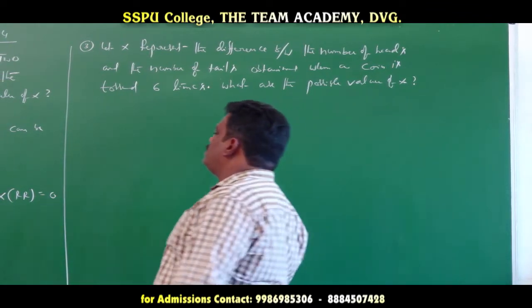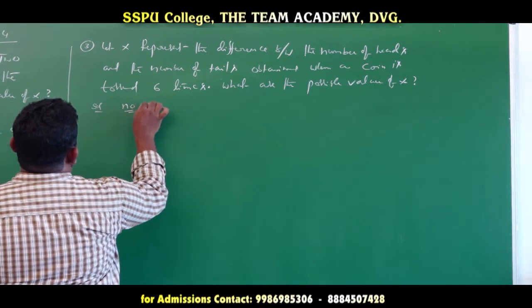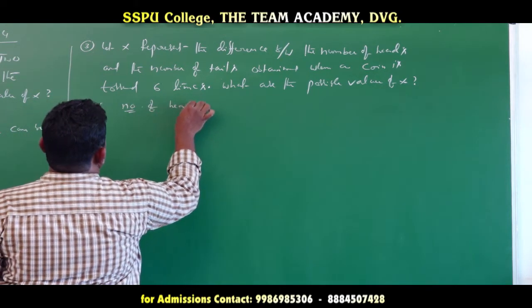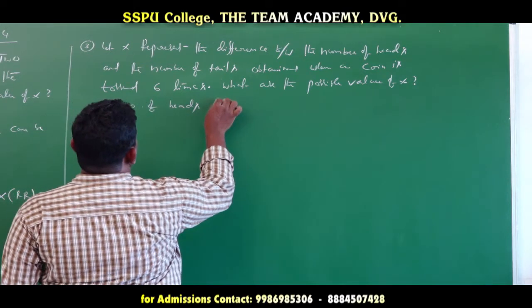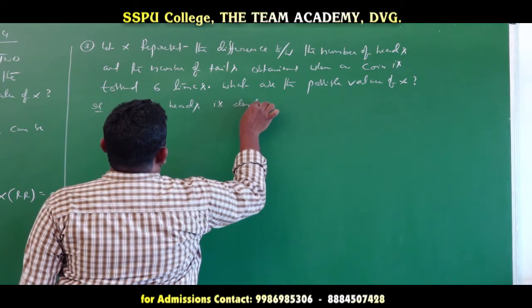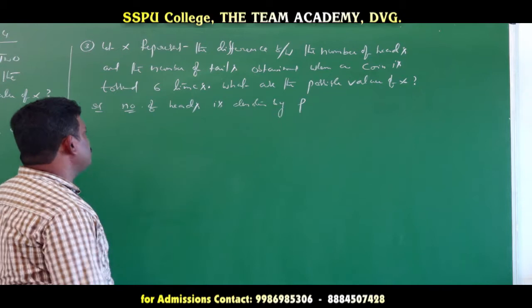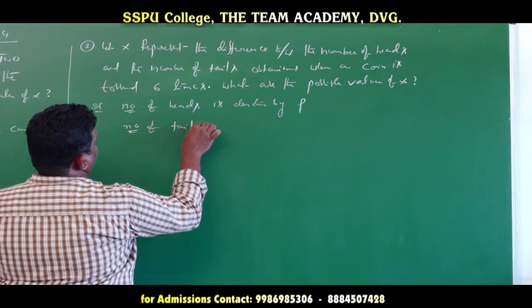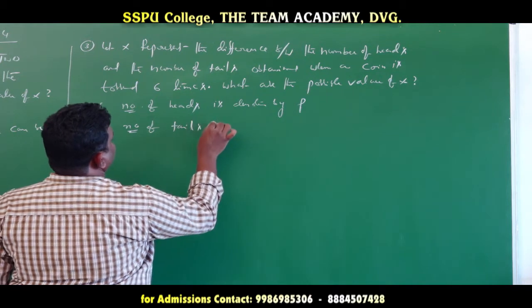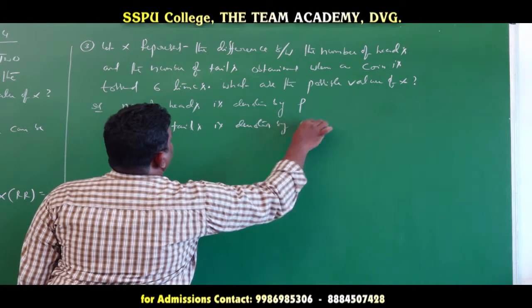So first we write the number of heads. Let the number of heads be denoted by any one letter, suppose P. Next, the number of tails is denoted by some letter Q.